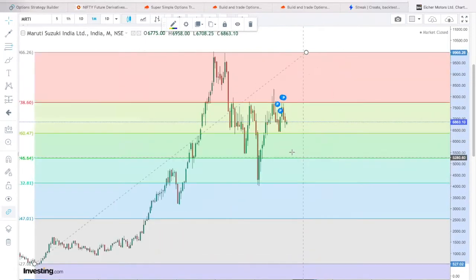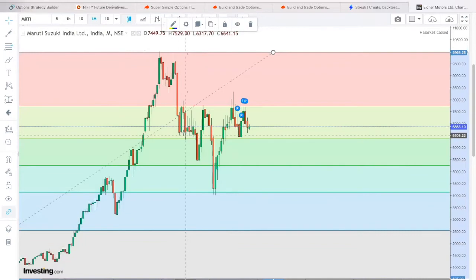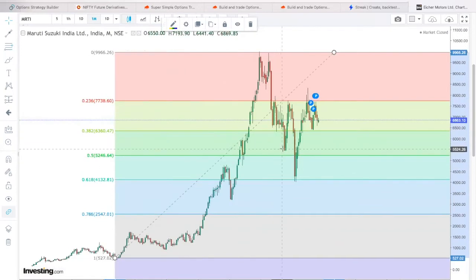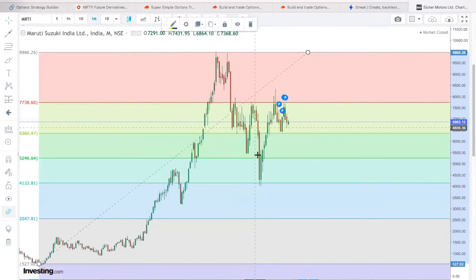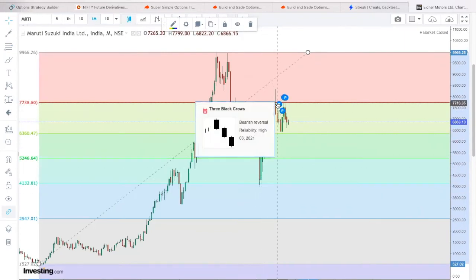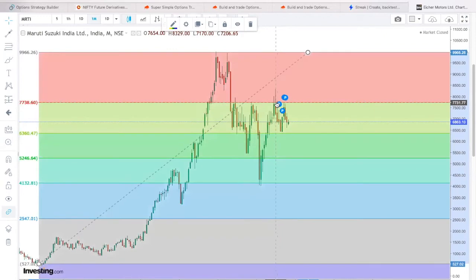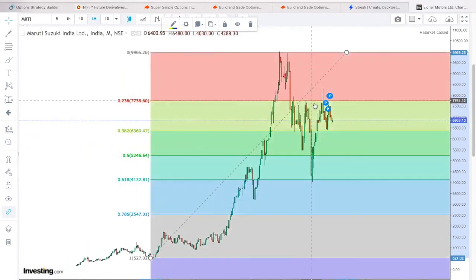If you see, Maruti took support near 0.38 once, bounced, again it came to the 0.5 golden ratio, again it bounced, touched 0.23, again it fell down, again it bounced, and now it is struggling near 0.23.